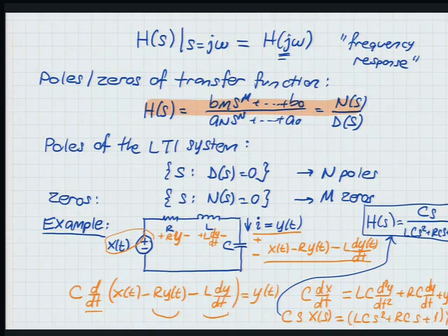So can you tell me about then the poles and zeros of this system? So there is 1 zero, right? At s equal to 0. There are how many poles? 2 poles. And they are, you can just use the usual formula for that.